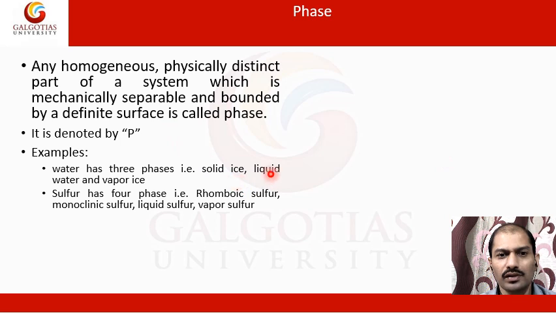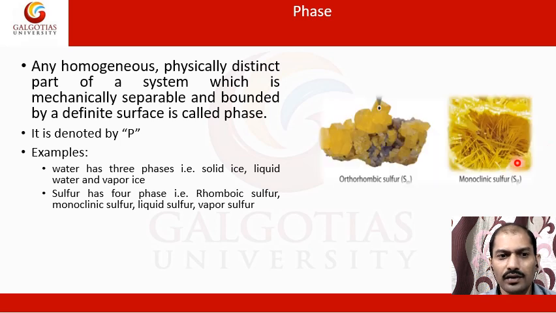Solid phase like ice, liquid phase water, and vapor phase. And sulfur has four phases: rhombic sulfur, monoclinic sulfur, liquid, and vapor sulfur. So these are a number of examples of different matters which have their different phases.